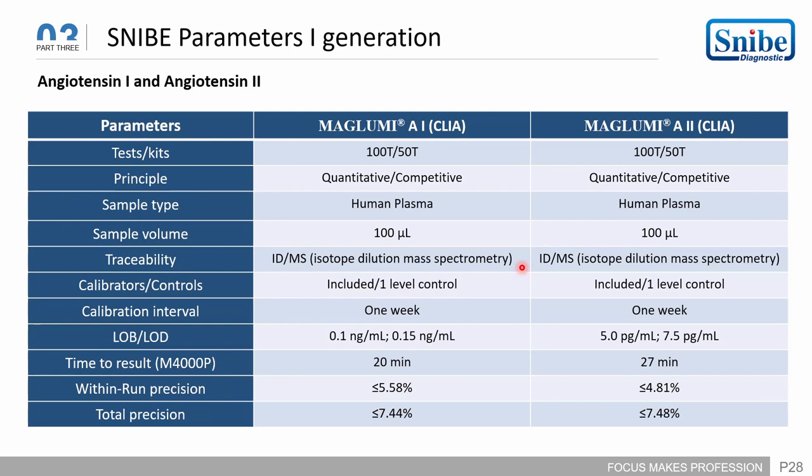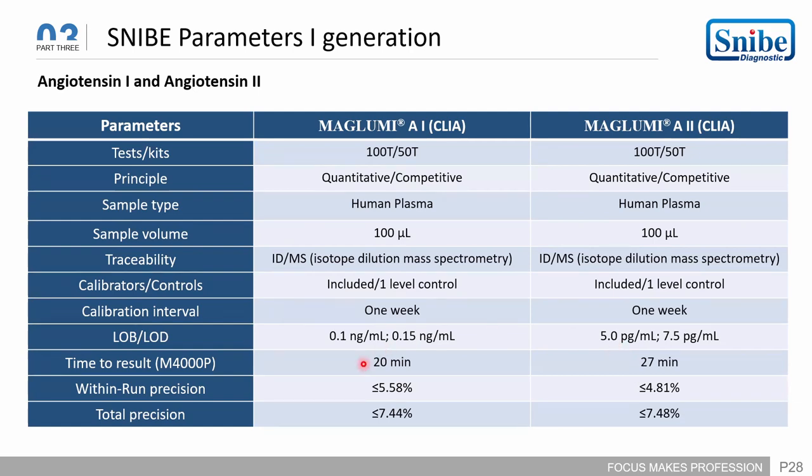If we talk about the calibration interval for angiotensin 1 and 2, the onboard calibration interval is 1 week. The limit of blank detection for angiotensin 1 is 0.1 to 0.15, and for angiotensin 2 it is 5.0 to 7.5 picogram per ml.